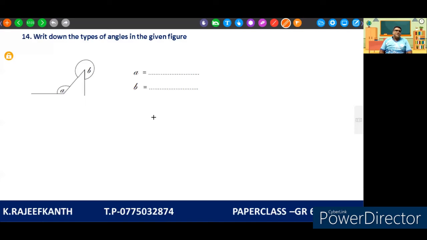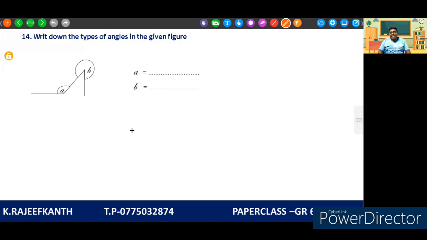Write down the types of angles in the given figure. So last day also we learned the types of angles: acute angles, obtuse angles, right angles, straight angles, and reflex angles. So here you have to name the types of angles.